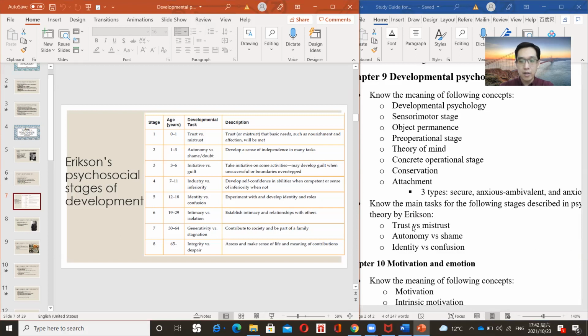In the trust versus mistrust stage, the main task is to build the trust that the basic needs can be met. That is the main task for the child to finish. That stage is from age 0 to 1, the first stage of life. And the second one is stage 2, from age 1 to age 3. The main task is to develop a sense of autonomy, a sense of independence.